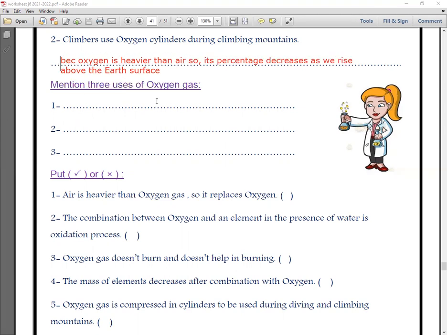Mention 3 uses of the oxygen gas. Here, I need 3 uses of the oxygen gas. Number 1, oxygen gas used in respiration process and food combustion process.